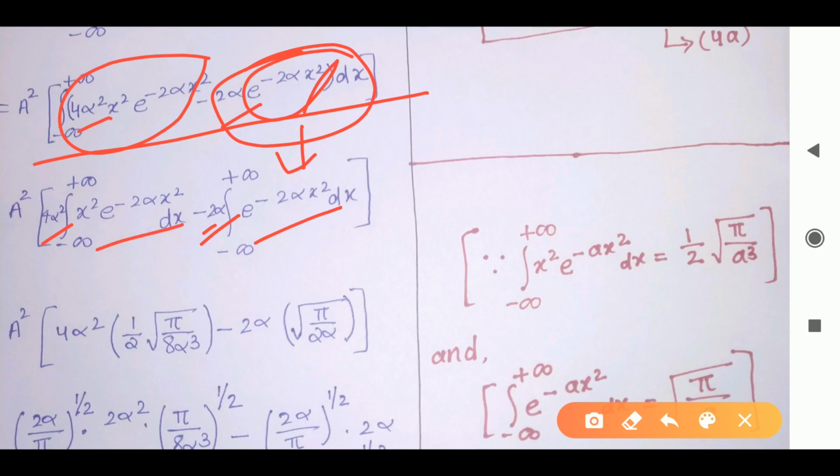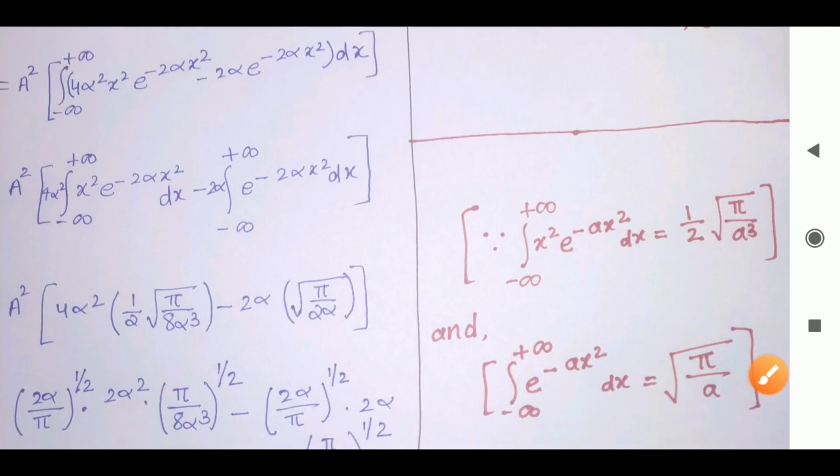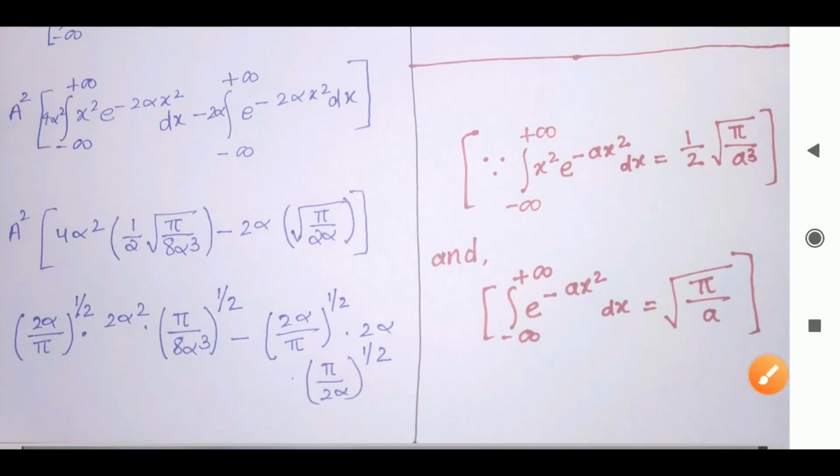Here also we have e to the minus 2 alpha x square, but here we have x square also. Clear? Now if we solve this integration, it will be complicated to solve for us. Okay, we can solve, but it will take too many steps if we solve the integration.